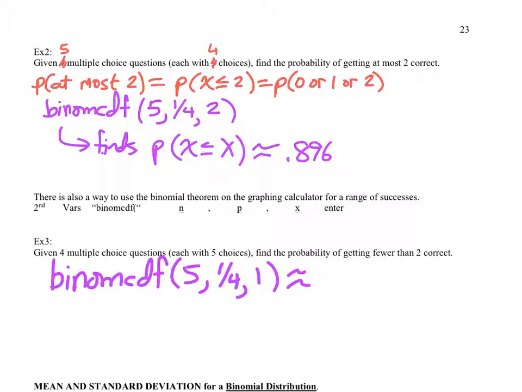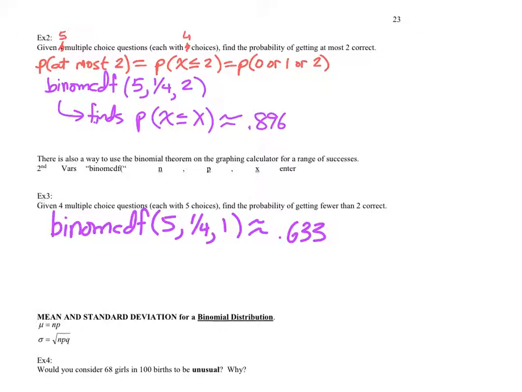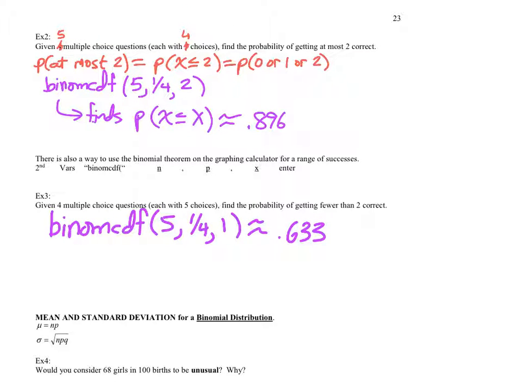Which would be the sum of the first 2 values here. So the computation isn't that bad one way or the other. So about 0.633. And again, just going into the table, if you were to add these two numbers together, it looks like we'd be in that neighborhood, about 0.633.